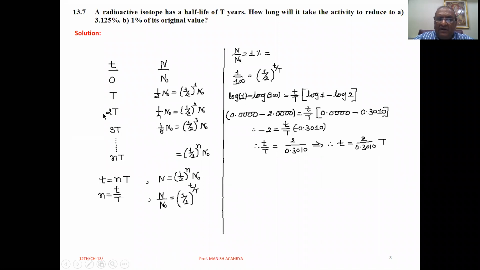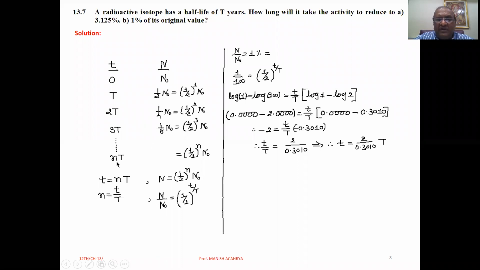Then again capital T time lapse means total time 2T, so half of this, 1 by 4 n0, that you can write as 1 by 2 square n0. Again T time lapse, total time 3T, again half of this, that is 1 by 8 n0, that is half raised to 3 n0.